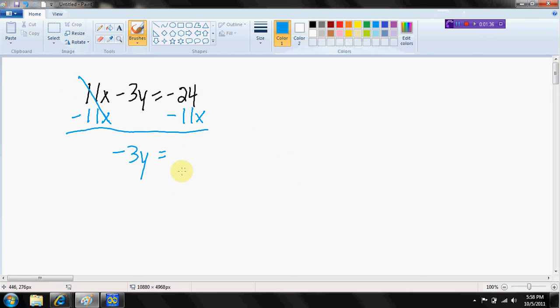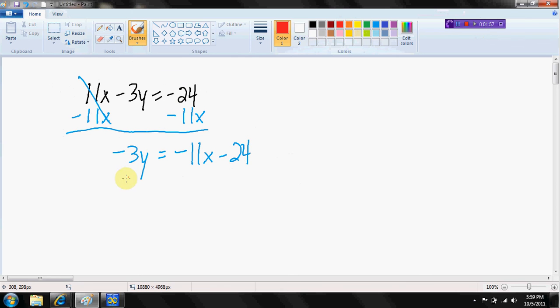They're not like terms. So I'm just going to rewrite this as negative 11x minus 24. I'm going to put the term with the x first because we're trying to get this in slope-intercept form, y equals mx and then plus b at the end. So the x comes before the y-intercept.